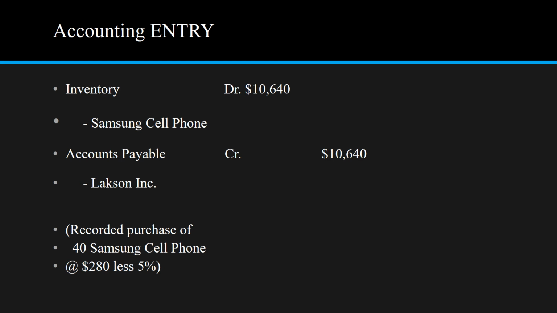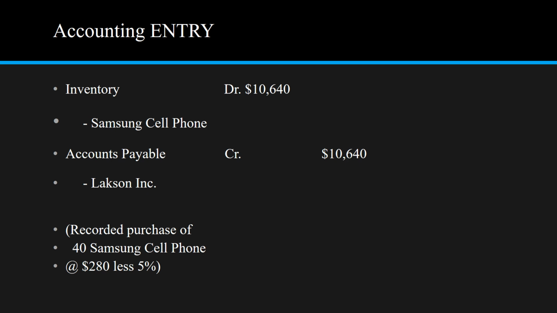Now coming to the amount, you will notice that the calculation involves eliminating the trade discount, which is 5% in this case. So we deduct 5% from the price of the cell phone, which is 280. So we knock off $14 from 280 and we get the net 266.